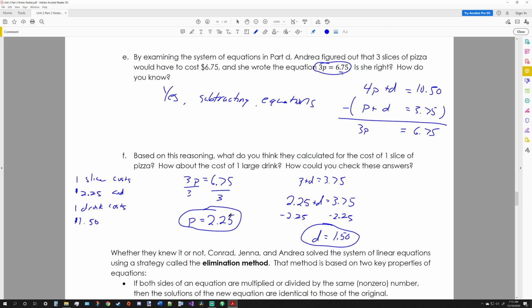In order to eliminate a variable, they have to have the same coefficient, and then we can subtract it. I like to distribute this negative sign to everything and then subtract. Because sometimes it gets confusing with the signs, so we have to be very careful with the signs.